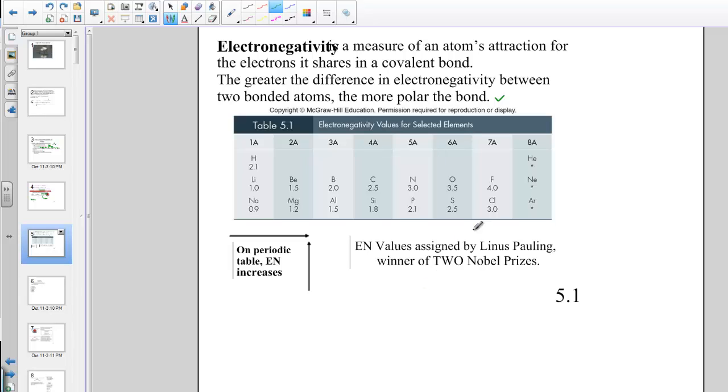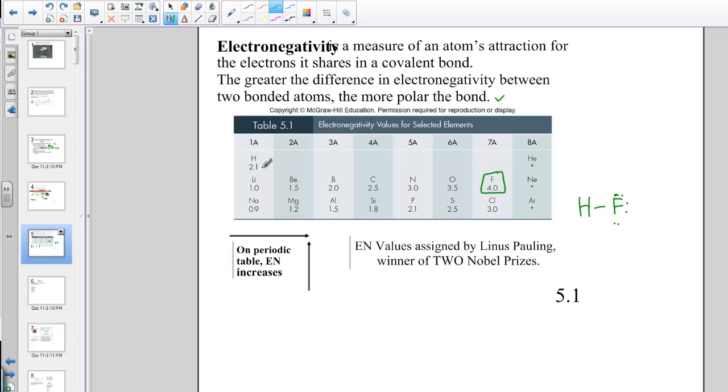Let's take a look at what we have here. Fluorine is the most electronegative element. That means that fluorine, the smallest nonmetal on our periodic table, has the ability to really attract electrons in a shared pair. So if I were considering a molecule such as hydrogen fluoride, those are two dots, a little molecule here with a single bond.